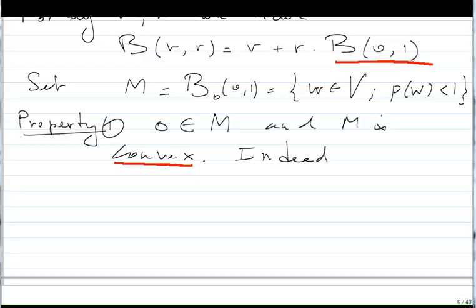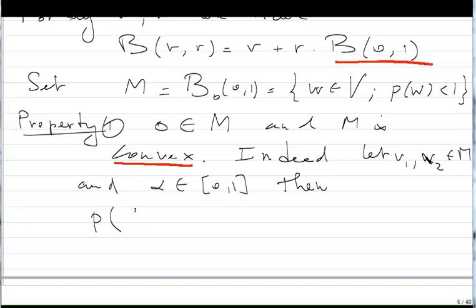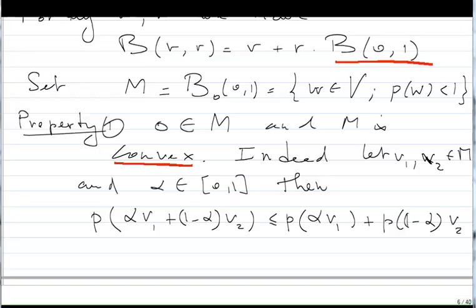Indeed, let v1, v2 in M and α between 0 and 1. Then P(αv1 + (1 - α)v2) is less than or equal, from the triangle inequality, to P(αv1) + P((1 - α)v2), and this is equal to αP(v1) + (1 - α)P(v2) from property number 2, and because everything is positive, this is less than 1.